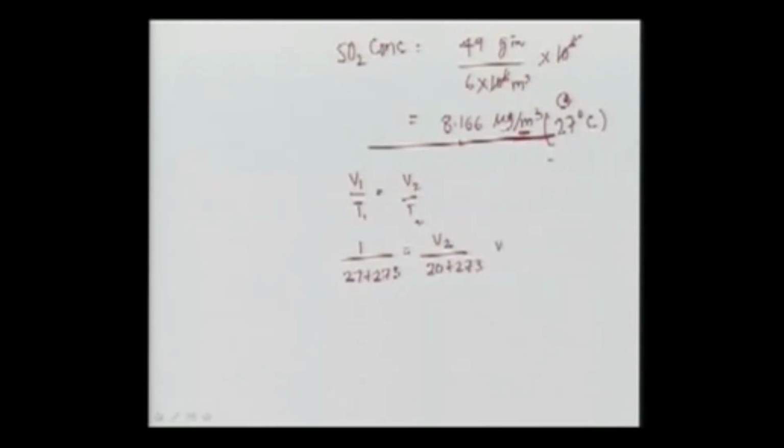So my V2 equals 293 divided by 300, which came out to be 0.9766. So this SO2 concentration is really 8.166 divided by 0.9766 meter cube, because my 1 meter cube is really 0.97 meter cube.